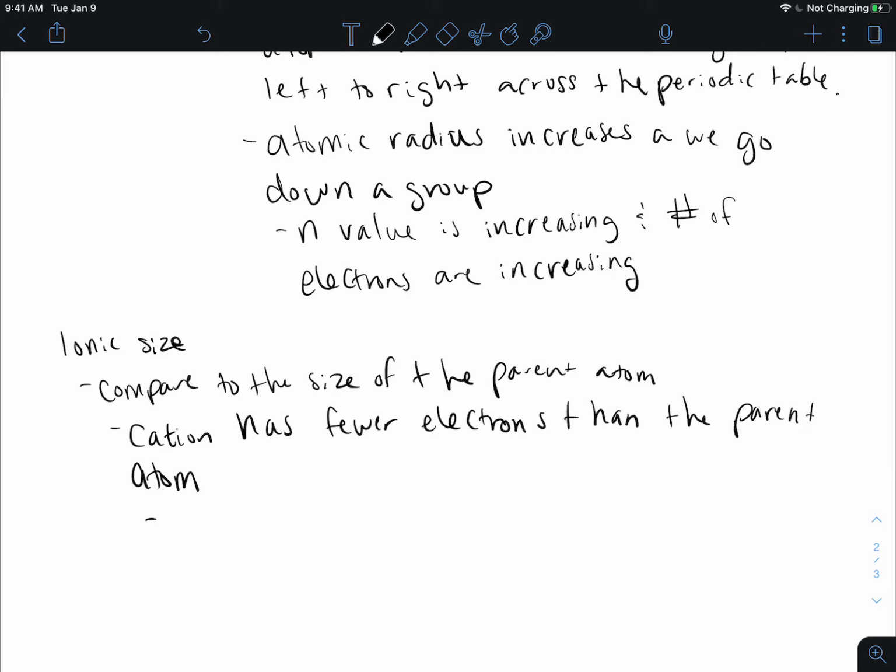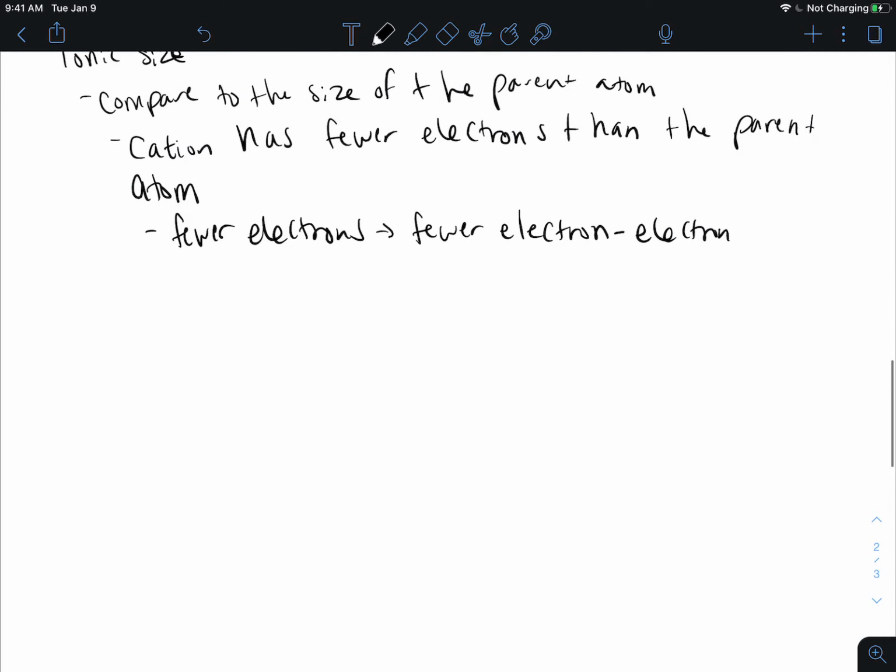Two things occur because of this. One, fewer electrons, fewer electron-electron repulsions. Additionally, since we have the same atomic number, but fewer electrons, our Z effective has increased.